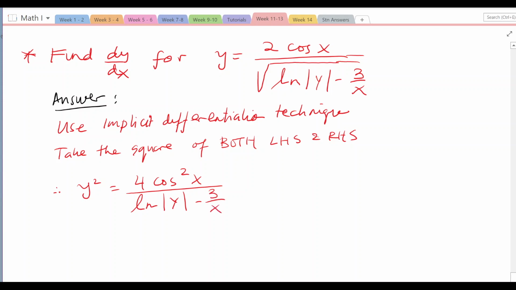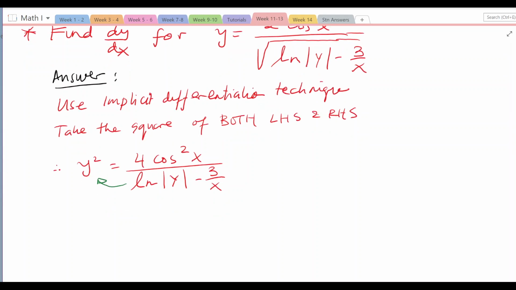So now we can move things from the bottom to up there. Then it will become y square times ln y minus 3 over x equals 4 cos square x.